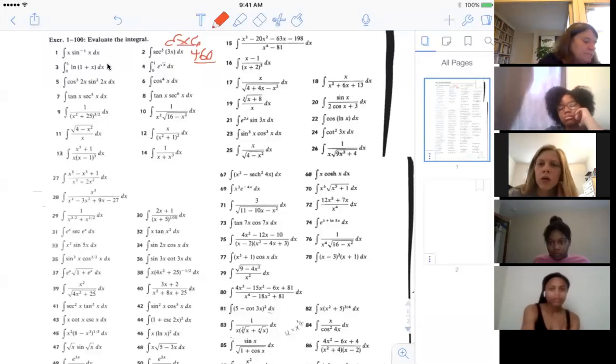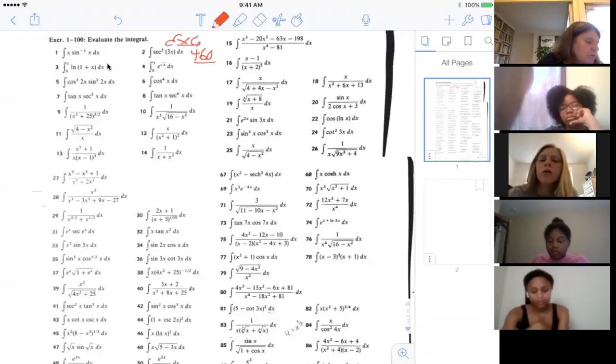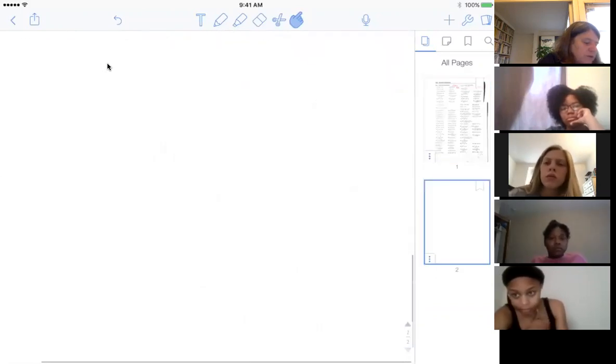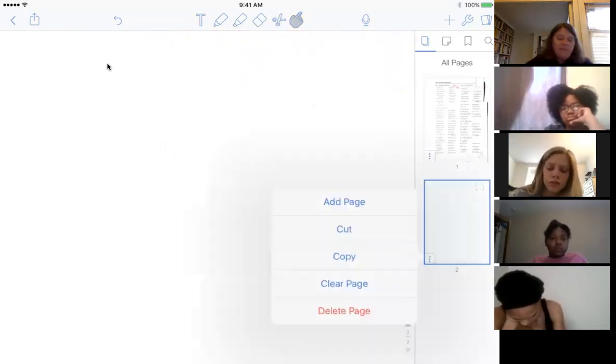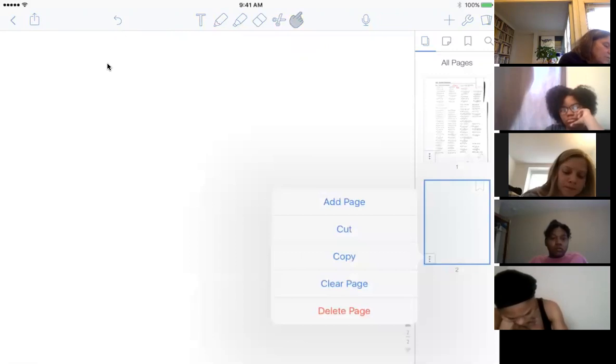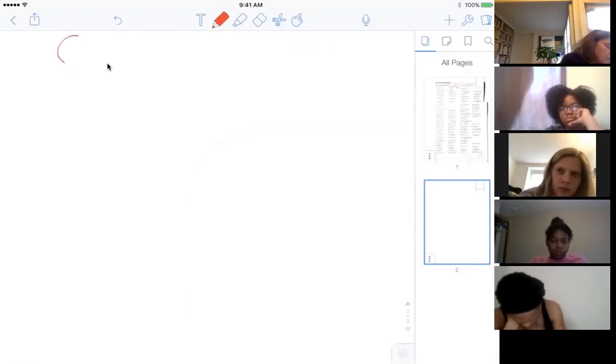Let's look at what we might do here. The integral of the square root of, was it log of 1 plus x dx?